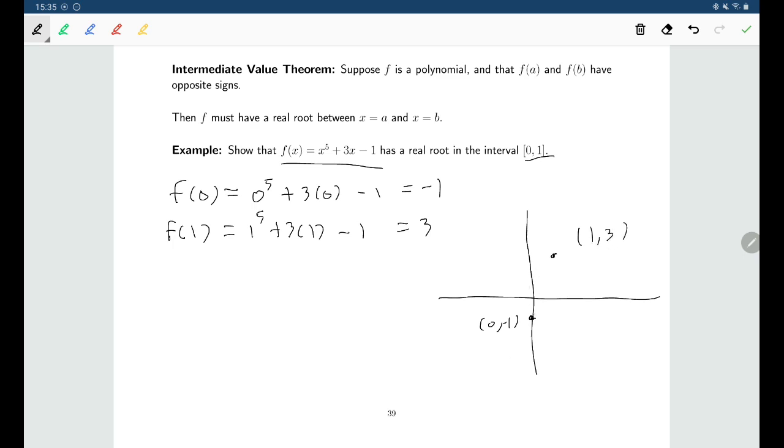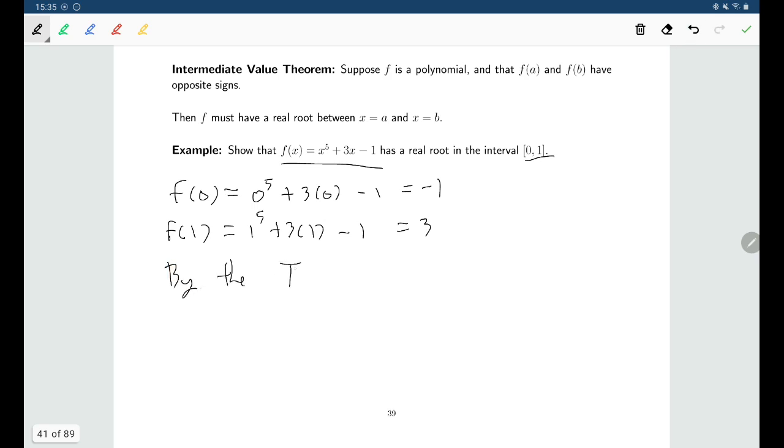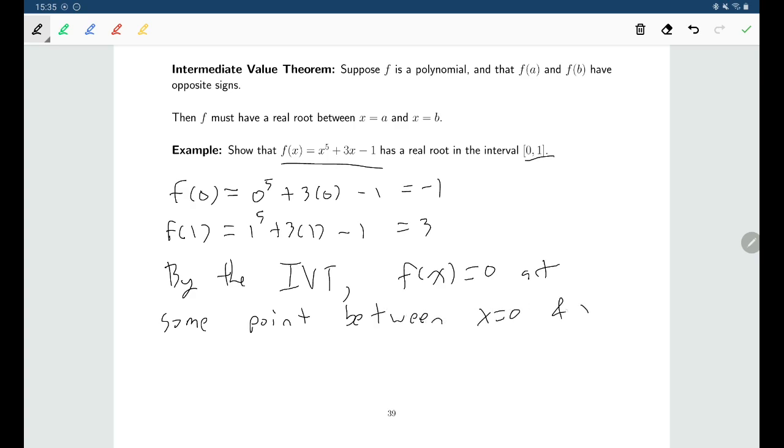And since a polynomial is nice and smooth, that means that as you make your way from the first point to the second point, at some point in the middle, you'll need to cross the x-axis. So I can say here that by the intermediate value theorem, you can say that f of x is equal to 0 at some point between x being 0 and x being 1.